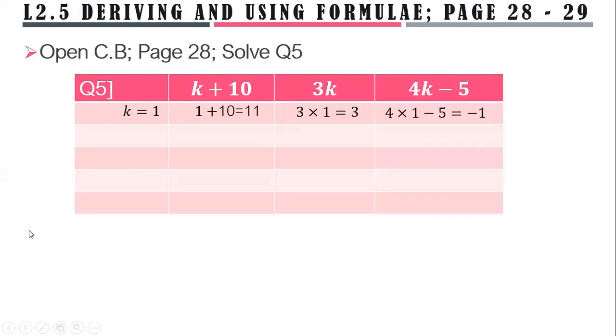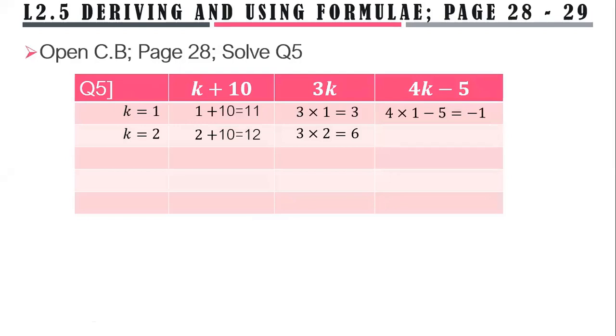Let's go to Hamza. After Hamza, Ahmad Nasser. When k equals 2, Hamza, let's check it. 2 plus 10 equals 12. 3 times 2 equals 6.